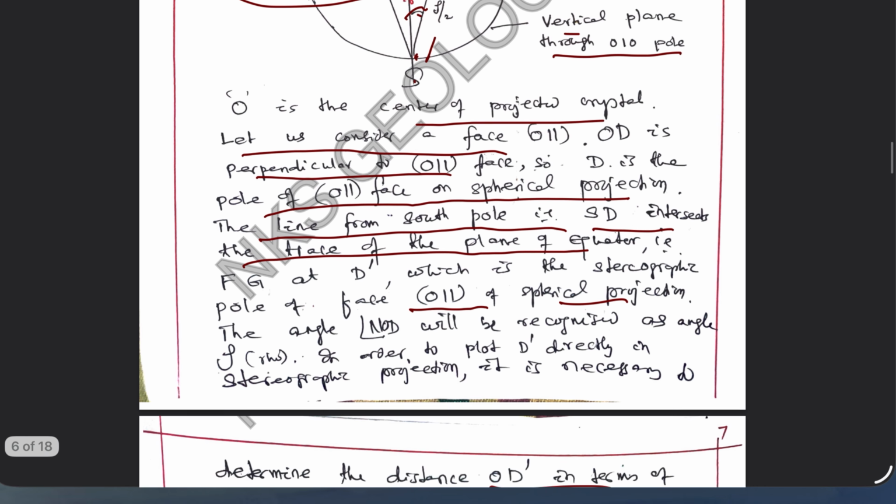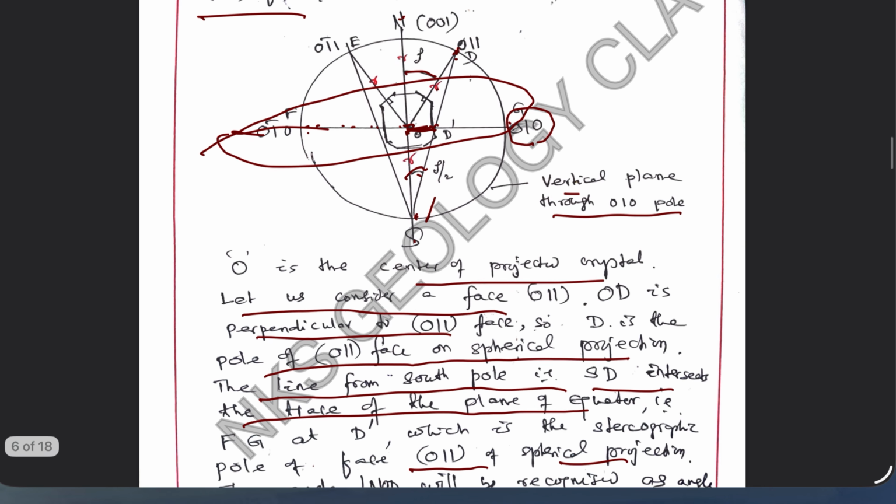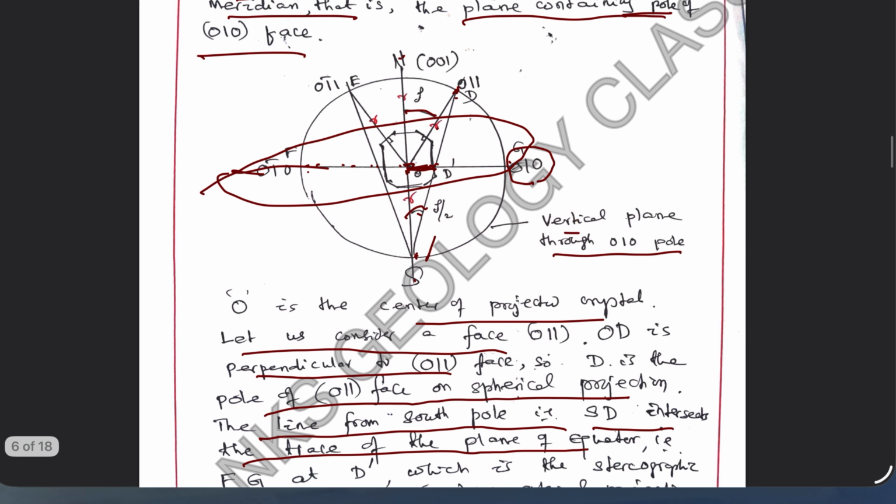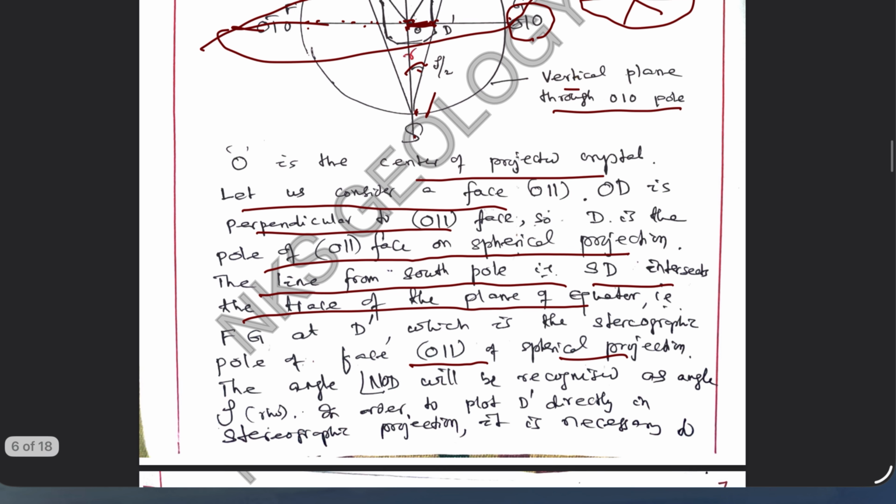So we can construct this angular distance and prepare the net. We can describe the angular distance in this direction. So the net has been prepared by taking into account the rho angle and the phi angle.